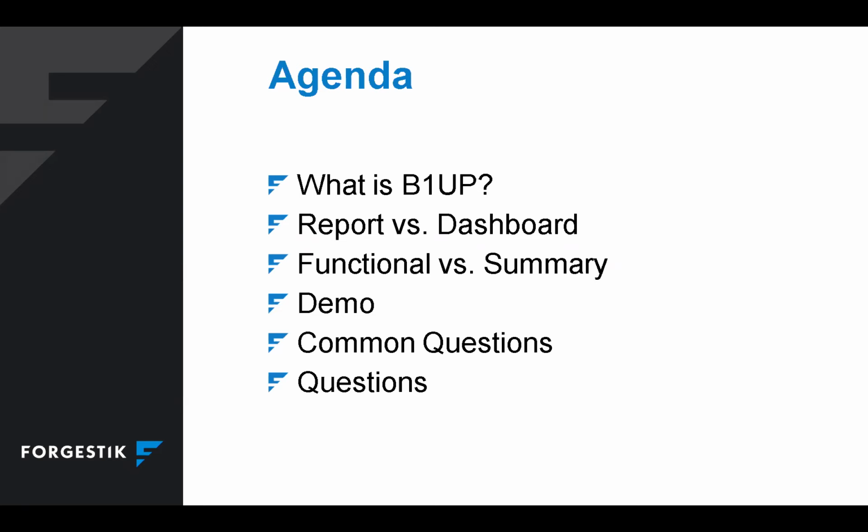Versus a summary, which you could also call an executive dashboard, or what are commonly known as KPIs, key performance indicators. That would be something like, what are our orders today for our e-commerce site? What number of deliveries did we make today? How many new service calls are outstanding? So that's a summary number, and you can mix those elements, and I will show you that more in my demo.